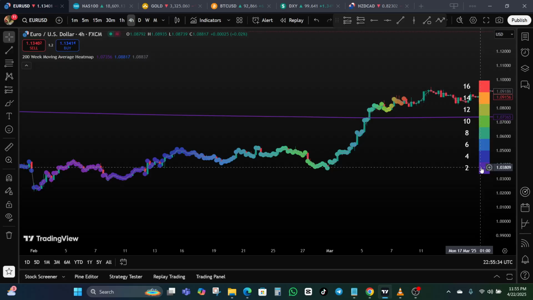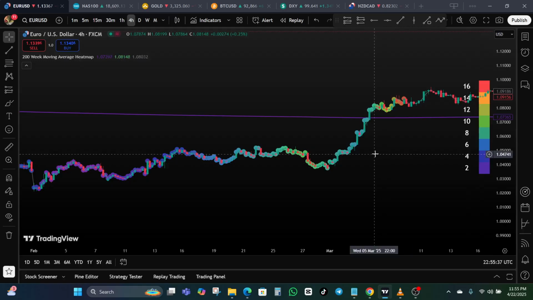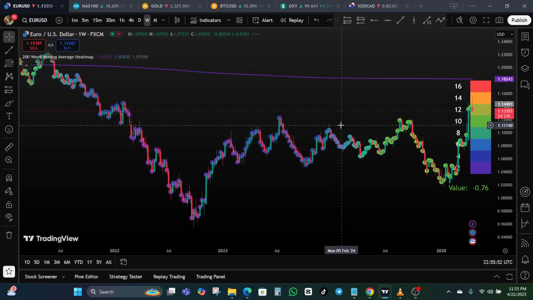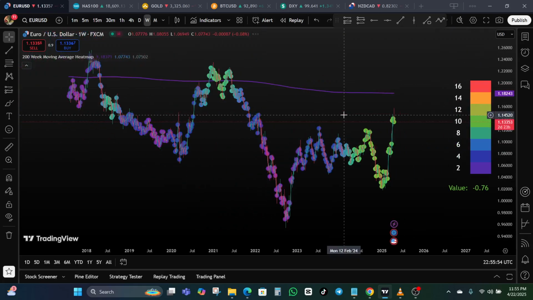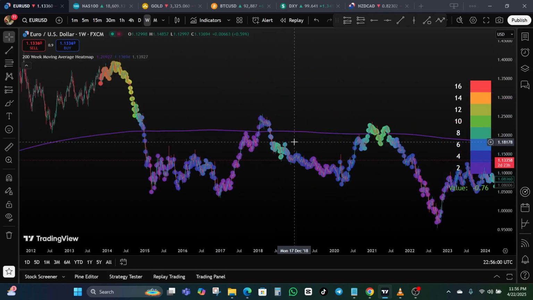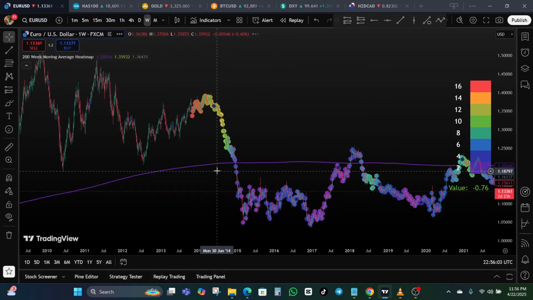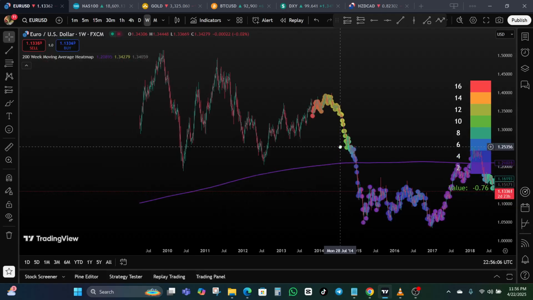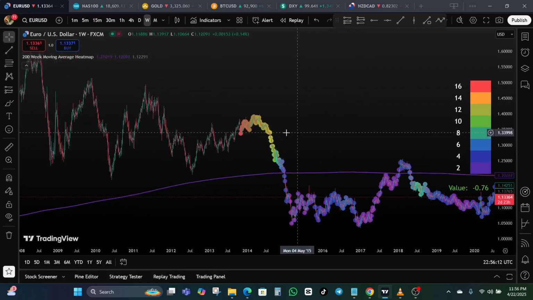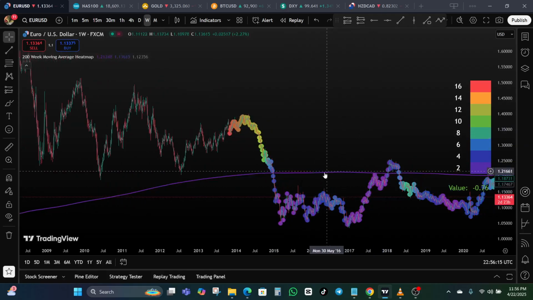Why is this important? Because the 200-week moving average acts like a gravitational line in the market. Price might move far above or below it. So you can also see that line. You can see that when price was above it, you notice the color change compared to when the price was below this moving average.